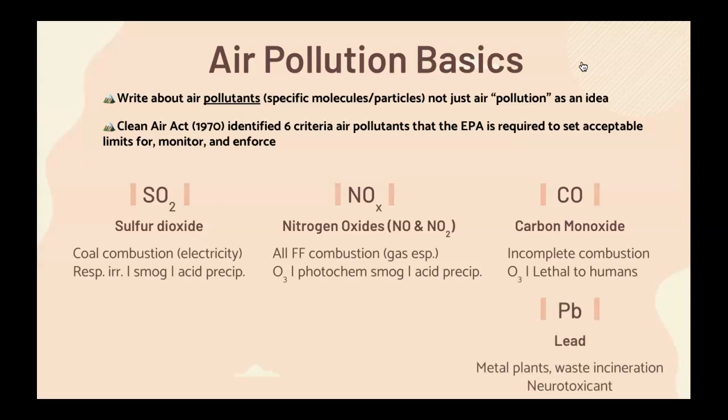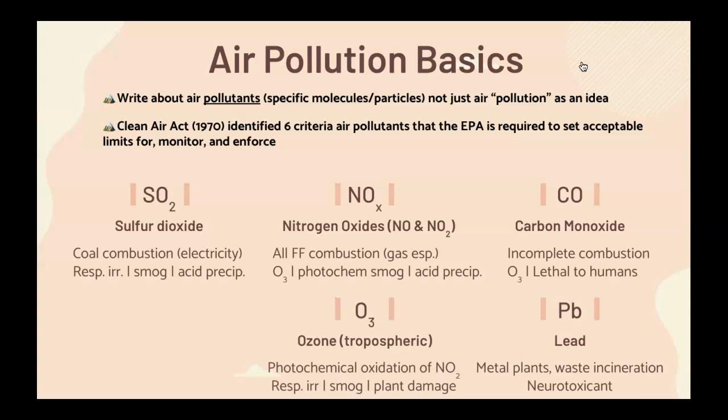Lead is coming from metal plants, so the making of metal and smelting of metal. It's coming from the burning of waste, particularly medical waste. And the problem with lead is that it's a neurotoxicant, and so it can be damaging to our brains.